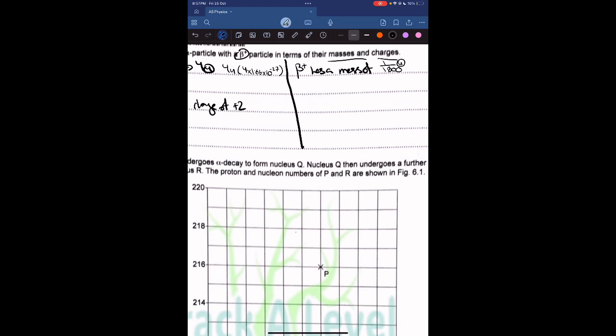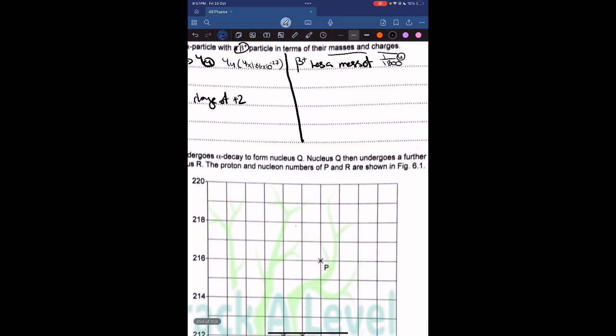A beta negative particle has the charge of an electron, because in radioactivity a lot of things remain conserved, like momentum and energy, and the charge also remains conserved. So the charge of the emitted beta particle will be opposite to what the conversion has produced.